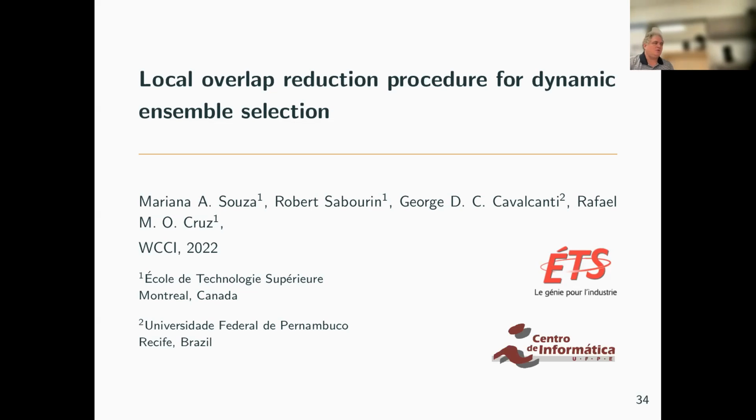One question I had is, okay, these are great and interesting techniques and very logical, but one point you didn't address is the overhead, because every time you get an input, you have to assess which classifiers you're going to use. So my question is, what is the overhead of this kind of approach?